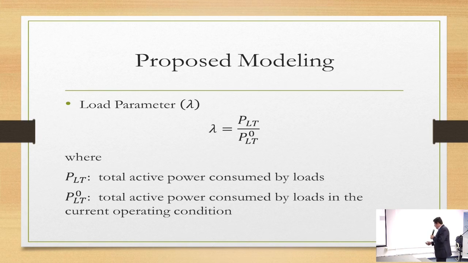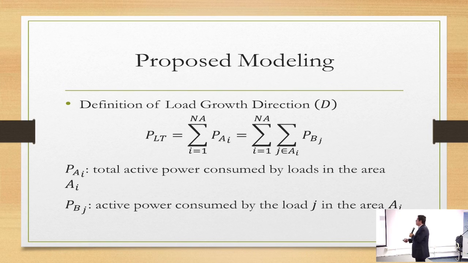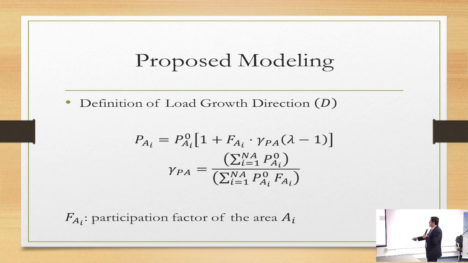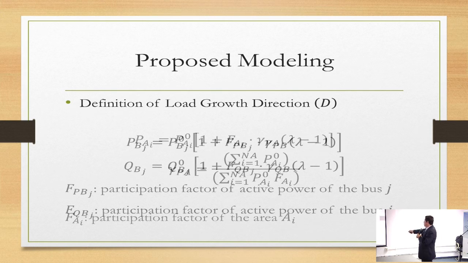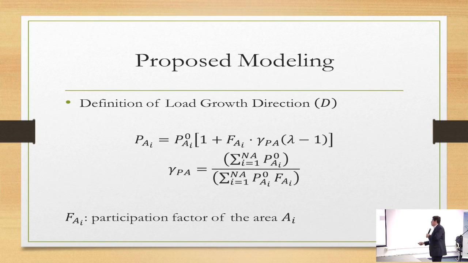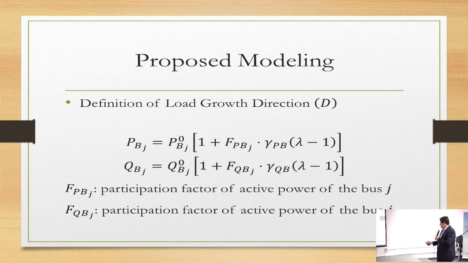And then, if we have this information, we can calculate the participation factor of the ith area by this formula, where this factor gamma, PA here, is calculated by this expression. And in the calculation of the participation factors of the areas, we have the participation factors of the buses, so they are defined in a similar fashion.